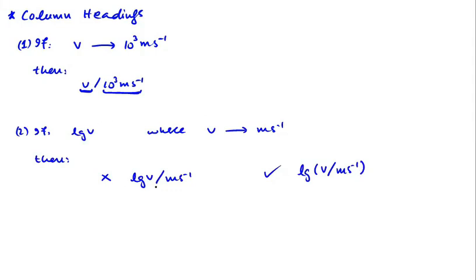Now the reason why this heading is wrong is that it suggests that the units meter per second are the units of log of v, which is not true. Meter per second are the units of v only. As for log, it is a mathematical operator and it has no units. So a quantity v, for example, may have units, but log of v has no units. I hope you get this.